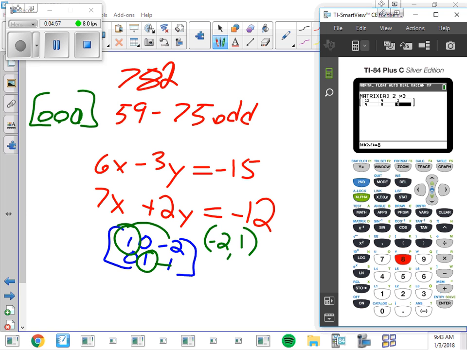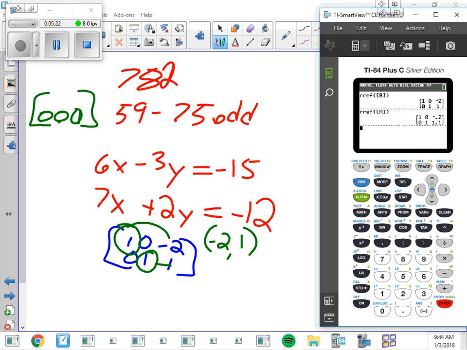Okay. And then you exit out. Second quit, and then go back into matrix, and then go to math, and up from the bottom, you get RREF, and then second matrix, and then choose the matrix you want.